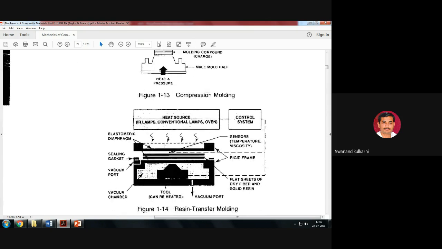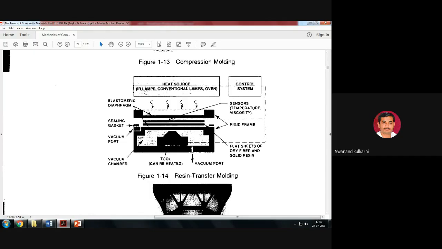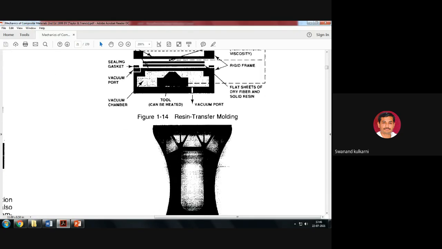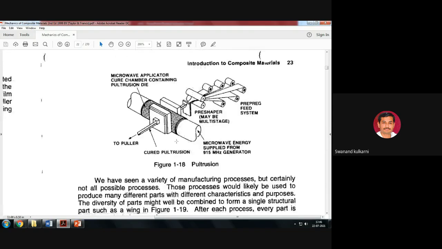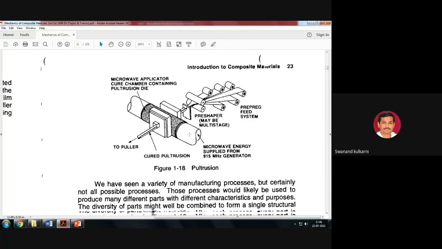Here you can see how the shape is changing. The pressure is applied at the top side. Then the vacuum port is present, sealing gaskets are present, elastomer diaphragms are present, and the control systems are here. Due to the application of heat and pressure, the desired shape is manufactured. So the compression molding process is carried out like this.